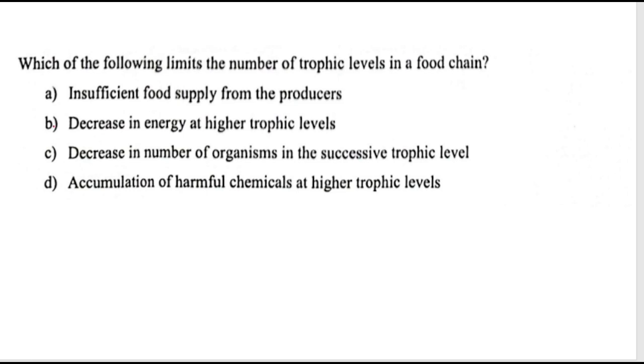It is the decrease in energy at higher trophic levels, because once we move from one trophic level to the next, only 10% energy will be available. This is an important statement. Accumulation of harmful chemicals at a higher trophic level is a process called biomagnification. This is not the answer here, but I am just mentioning it. So, the correct answer is option B.